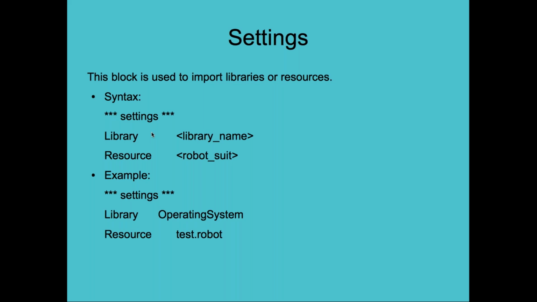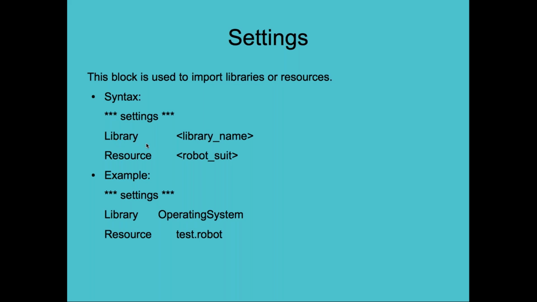Like in Python, if you want to import any Python library, you write import, space, the Python library name, package or module name. Similarly in Robot Framework, if you want to import any Python library or any robot library, we use Library, followed by two or more spaces. So this is the keyword.